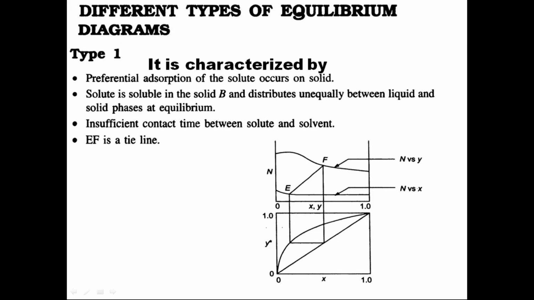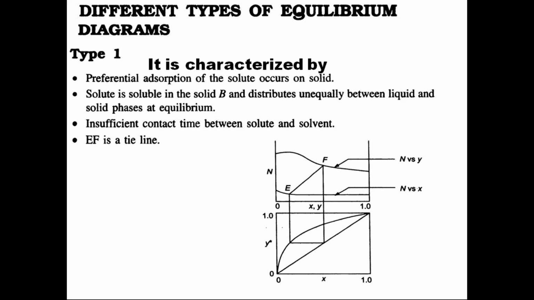Whereas in this case, if you take for example edible oil, soybean oil, separated by using hexane from the soybean meal, then what happens? Once the oil is dissolved into the hexane, it makes a certain concentration. Then while settling the meal, soybean meal, some of the oil molecules which are there in the hexane solution will get adsorbed back onto the meal.